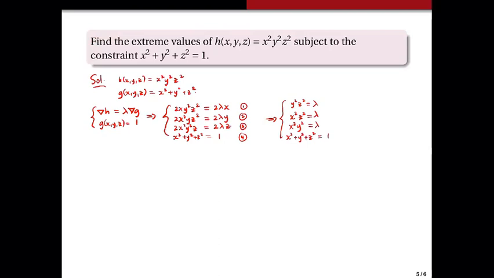Okay, so how are we going to solve this system? What is the best way?